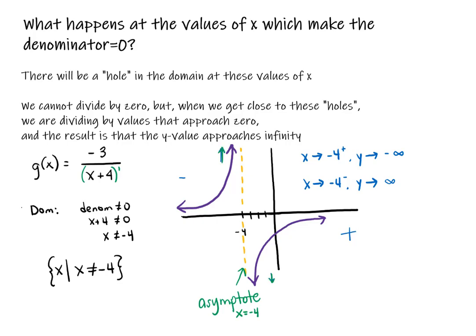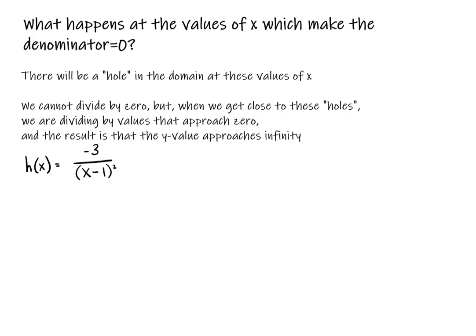That's because the factor x plus 4 in the denominator was to the power 1, so it had a multiplicity of 1. So the behavior at the asymptote behaves the same way as the zeros of multiplicity 1, where on one side of the graph it's above the x-axis and the other side of the graph is below the x-axis. Let's compare that with this new function h of x.